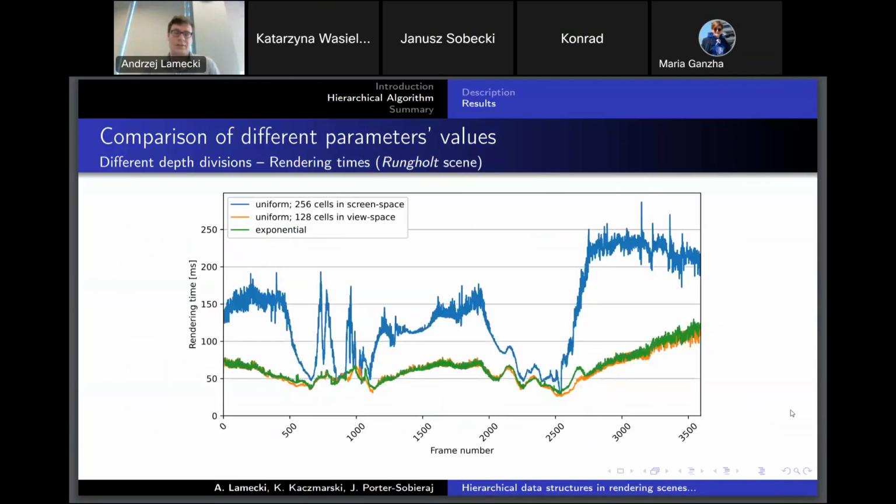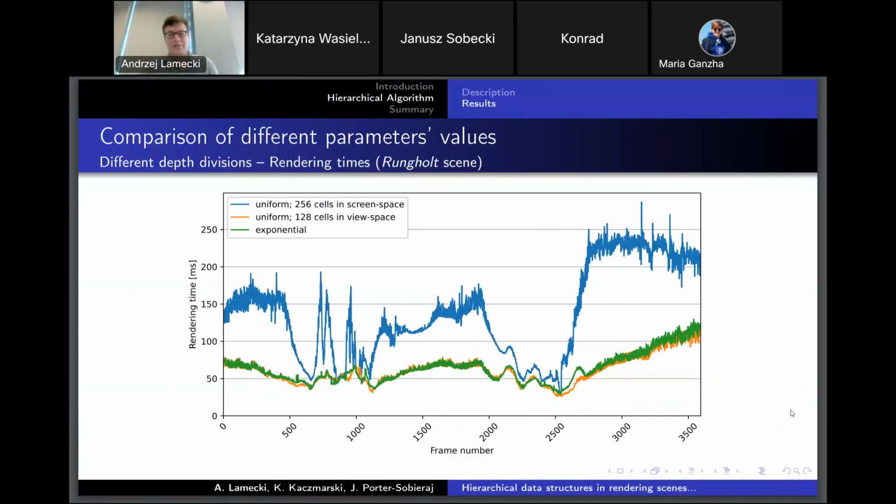We have also tested an exponential space division method in depth, which meant that we divided the depth in view space into cells that are as close to a cube as possible. Here we can see a graph of rendering times for each frame for the Rungholt scene.